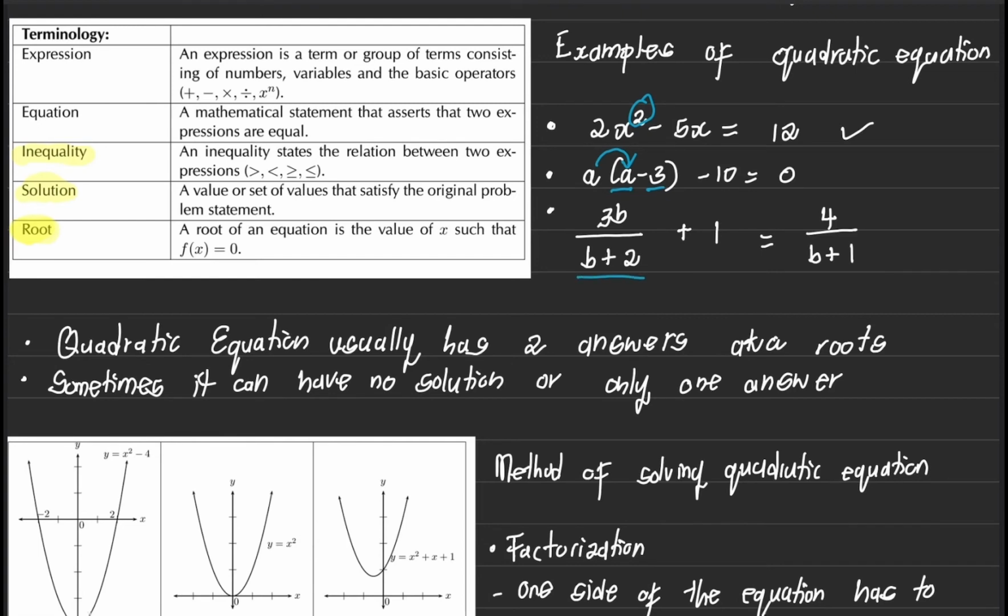With the third one, what you're going to need to do is find the common denominator of all the terms in this equation, and then multiply every term by that common denominator. Along the steps, you will see that you are going to get a term with b² in it. That will also indicate that you have a quadratic equation.